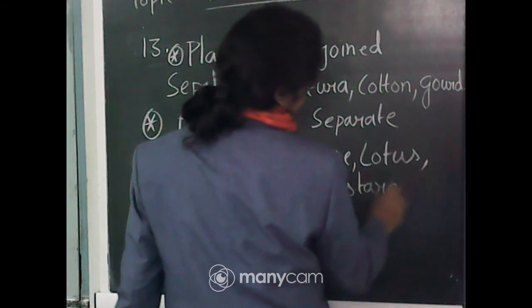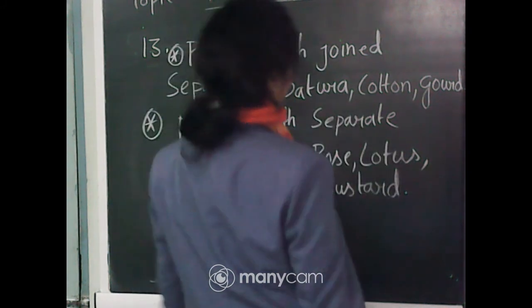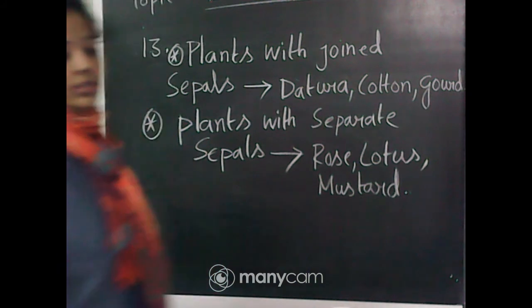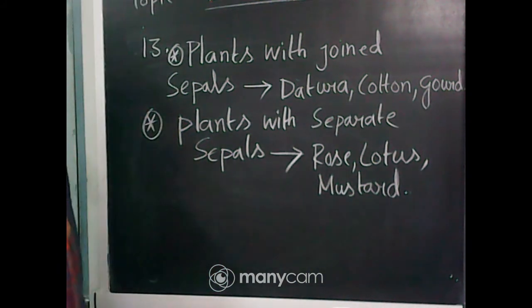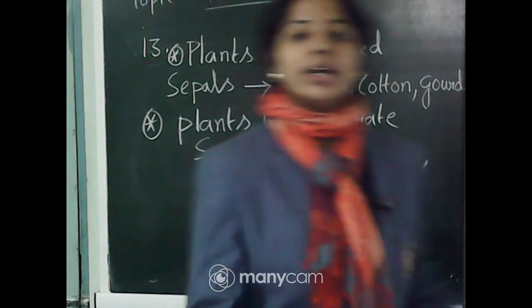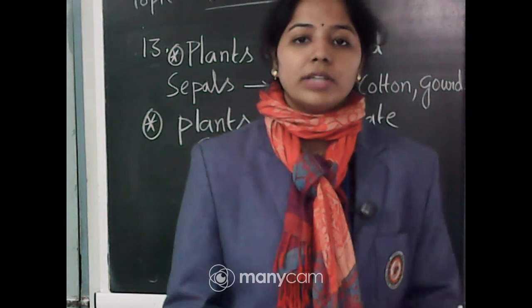You can write your own examples also. So these are the examples: plants with joint sepals, dhatura, cotton, gourd; plants with separate sepals, rose, lotus, mustard. So here I have finished this chapter's exercise question answers.